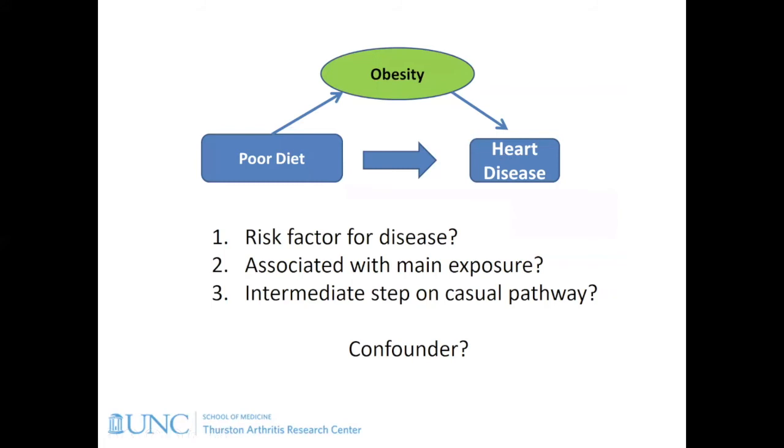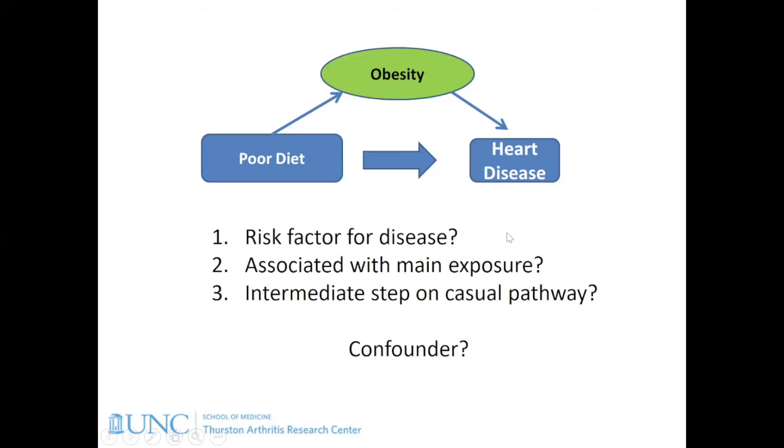But when we're looking at the association between obesity and the main exposure, sorry, I keep losing my arrow. There it is. We see that it's not that obesity leads to poor diet, but poor diet more likely leads to obesity. So this is a situation where we do have obesity as an intermediate step on the causal pathway, going from poor diet to developing obesity that may contribute to heart disease.